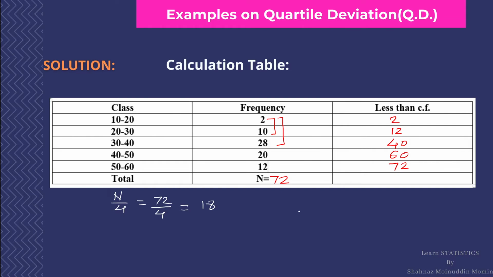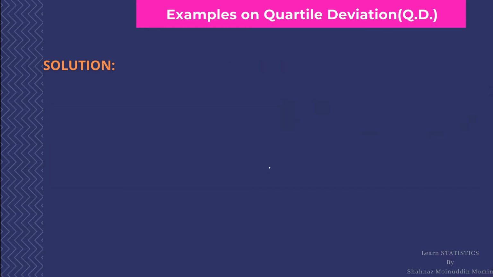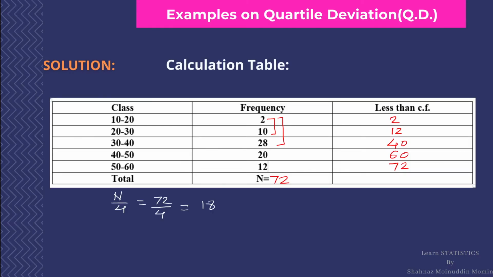Here look in the table, the frequency just greater than 18 is this 40. So the first quartile class is 30 to 40. This is the first quartile class.